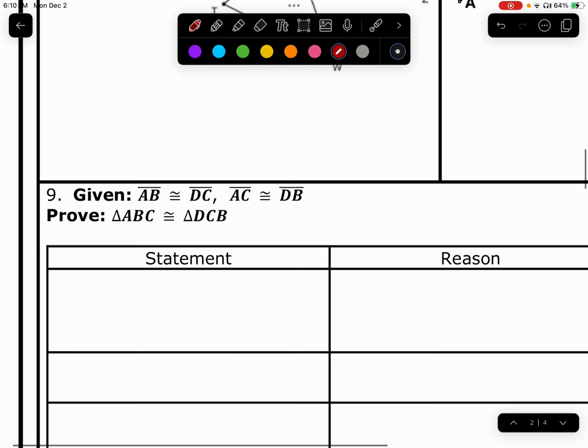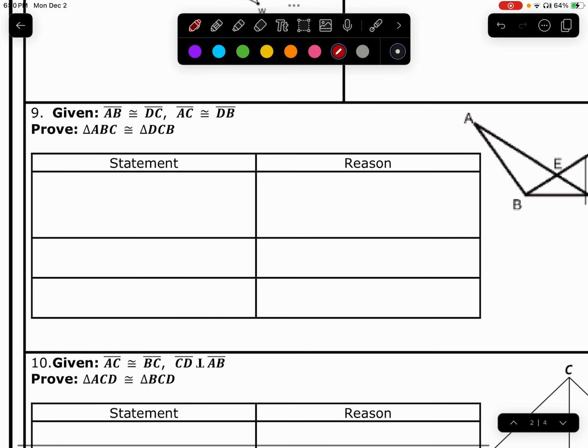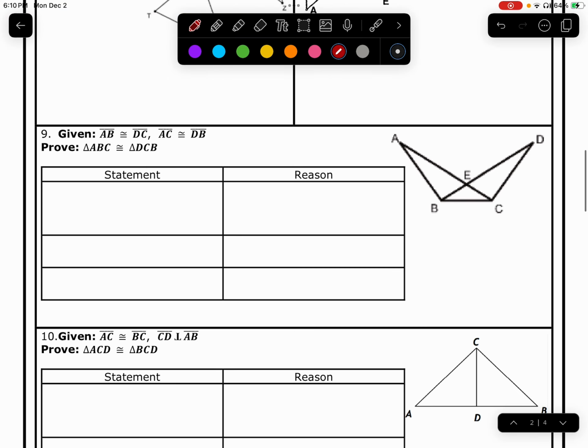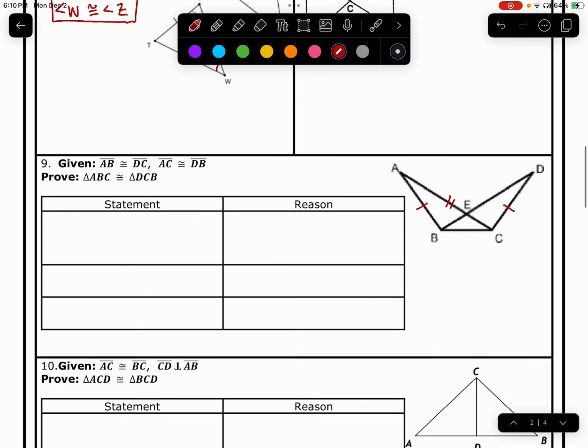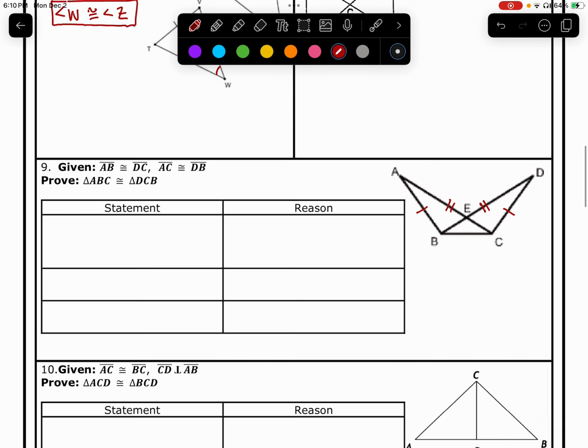Number nine. All right, this is a proof. We didn't, so let's go through it together. Stay with me now. Given that AB is congruent to DC, and given that AC is congruent to DB, we need to prove that these two triangles are congruent.